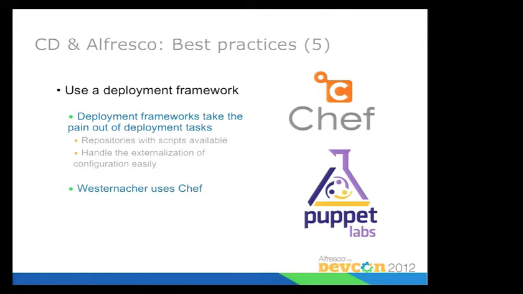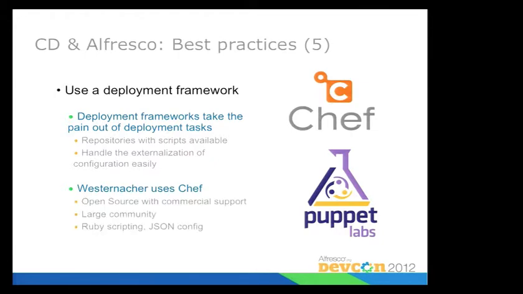You can just take it as a basis, adapt it a little bit to your own environment, and it also is made to handle these externalizations of the configuration. So that means that you actually use templates in your scripting, and it will pull out the configuration for the actual landscape from the Subversion or Git repository, and it will fill out these parameters automatically in your build scripts. So that's all there for you. Don't use Ant to do this stuff because it's way too much effort.